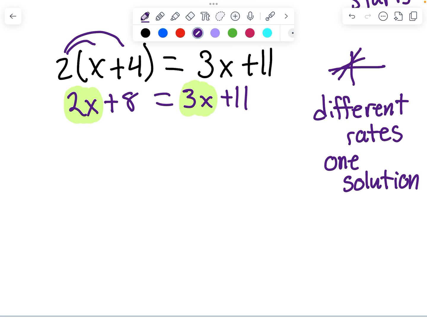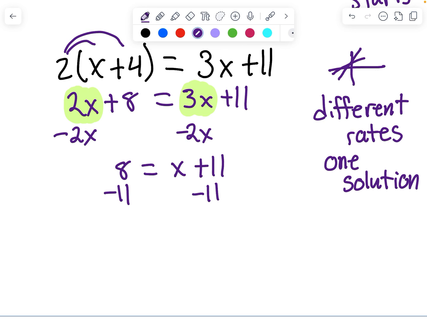So then, if we were to continue and actually solve for x, I have more positive x's on the right side, so I'm going to move all my x's to the right. So I'm going to start by subtracting 2x. I'm going to have 8 equals x plus 11. I'm then going to subtract 11. And I'm going to end up with negative 3 equals x.